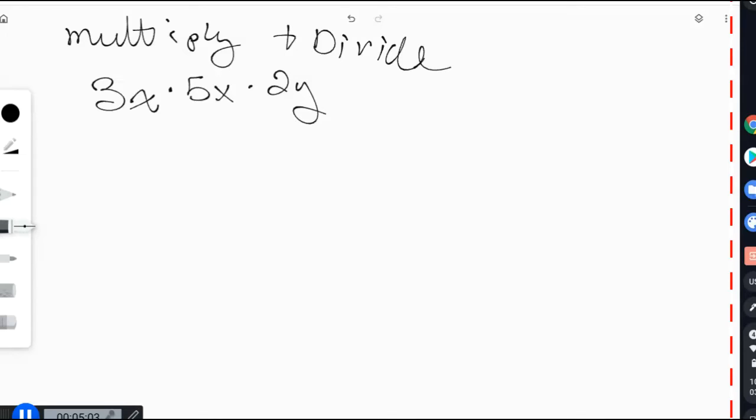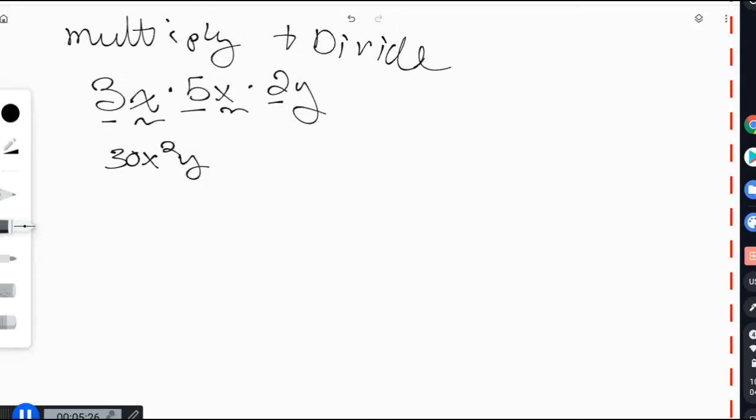So the 3, the 5, and the 2, those are all like terms. So they're going to go together as a 30. The x's are like terms. So they go together with an x squared, and then poor old y, he's not like anybody, he stays by himself. If they're like terms, we can multiply them together.